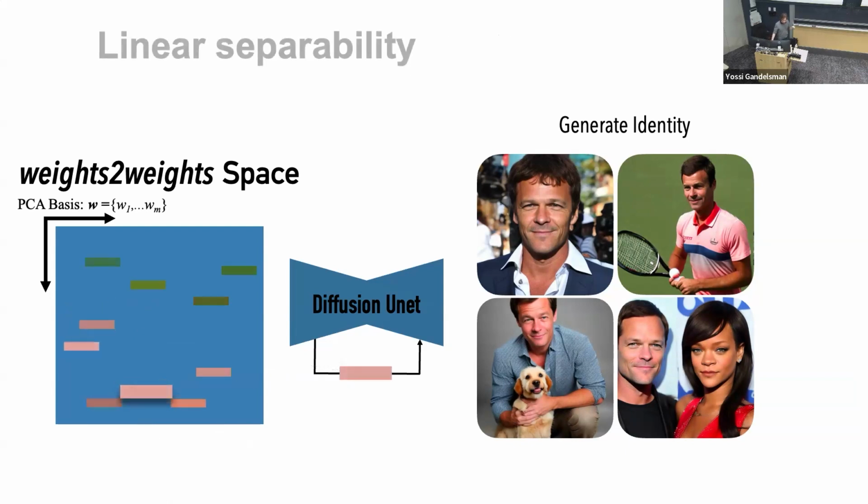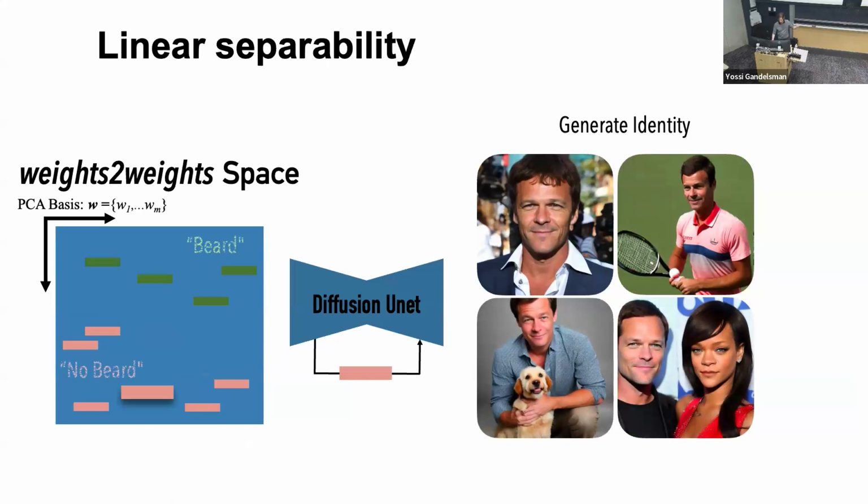Now, what else can you do with this thing except sampling a new identity? You can, for example, try to find linear separators. Take all the identities in the world or in your training data and split them to identities that have beard and don't have beard, right? And just train a linear SVM between the weights that have beard and the weights that don't have beard. It will work pretty well.